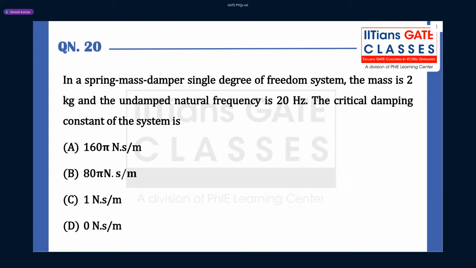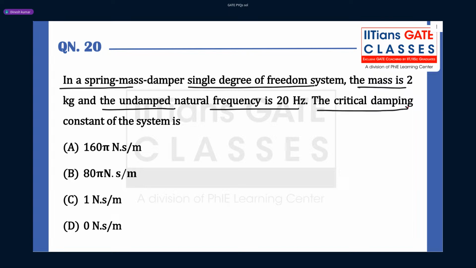So what is the answer? Okay, so let's see what the question says. In a spring mass damper single degree of freedom system, the mass is 2 kg and the undamped natural frequency is 20 hertz.